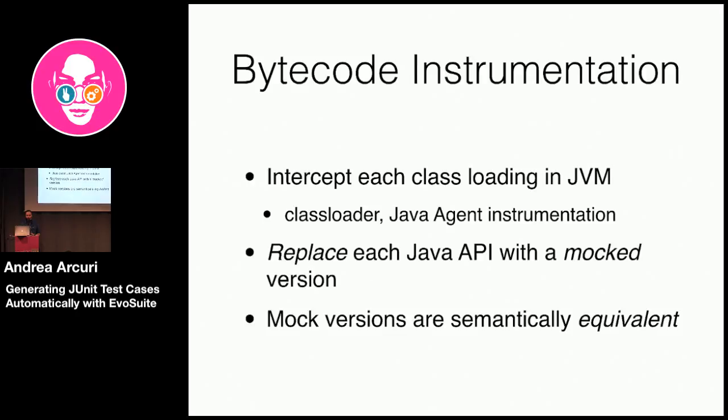And as I said, the key is always bytecode instrumentation. The nice thing is that it's all automated. When you read a class, you can do whatever you want with that class. So for each class that can interact with the environment, you can mock it out. You can have another class with exactly the same semantics, but instead of working, for example, on the real hard drive on your laptop, it's going to work on a virtual file system.